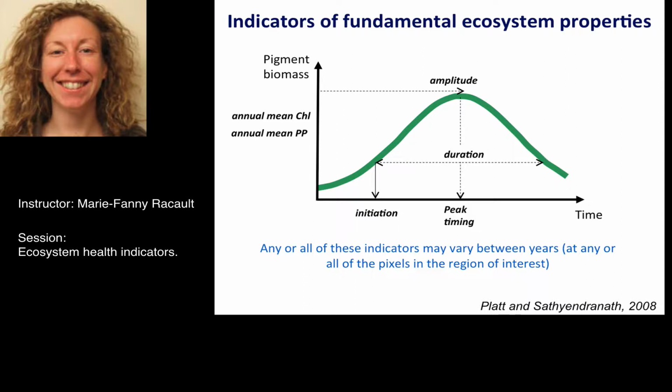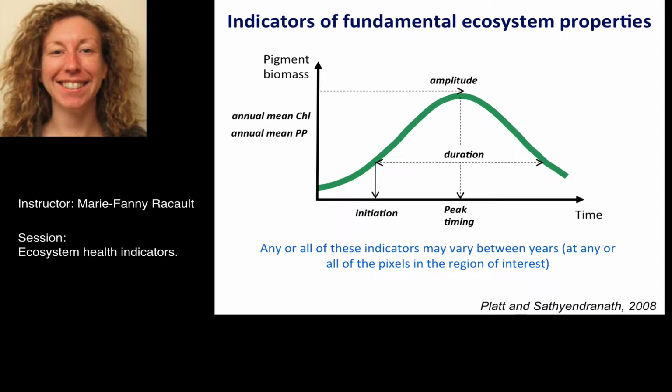And if we look over 1 year, we have here the schematic representation of the changes in biomass, changes in chlorophyll concentration over time. So from this signal, we can estimate some indicators of fundamental ecosystem properties. So for instance, here is a group of them. It's not exhaustive. We've seen in the previous slide there are more, but some can be timing of the spring maximum, so when does it peak?